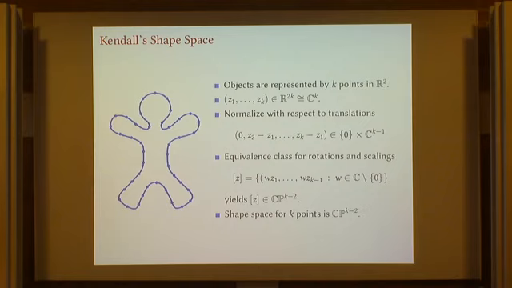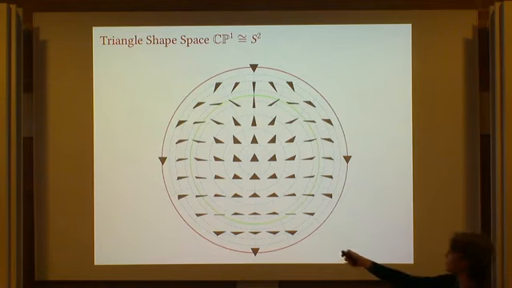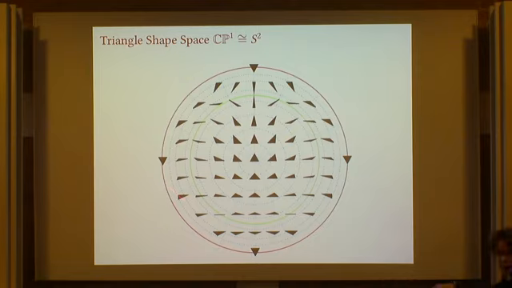If k equals 3, then we get CP1, and CP1 is diffeomorphic to the sphere, and what we see here is the sphere flattened out. So this is the North Pole, the green line is the equator, and the outer rim is all the South Pole, so it should be imagined glued together.